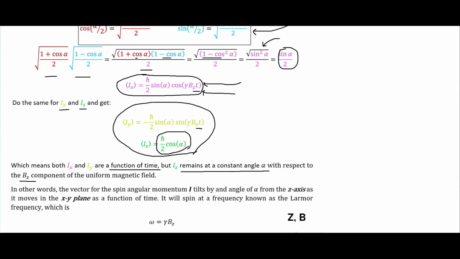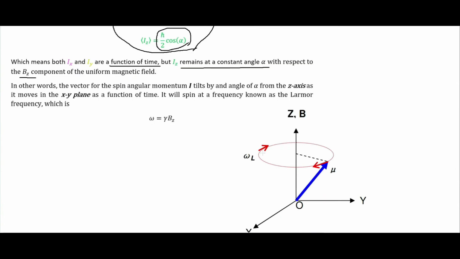And so what that is telling us is that we have this wobble where this angle from the B here stays constant, but it's changing in the X and Y directions over time. So it keeps changing over time.